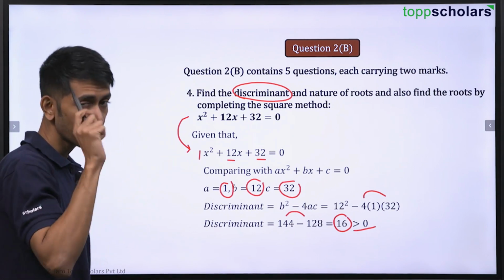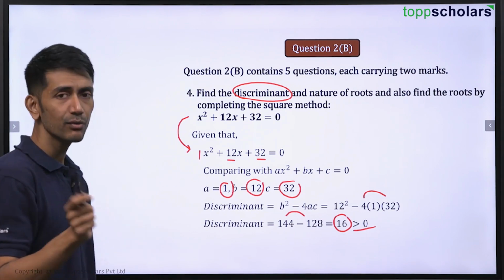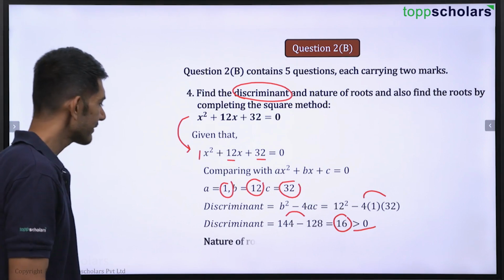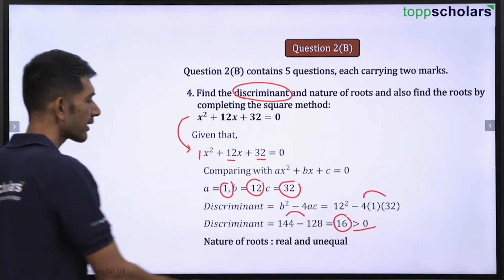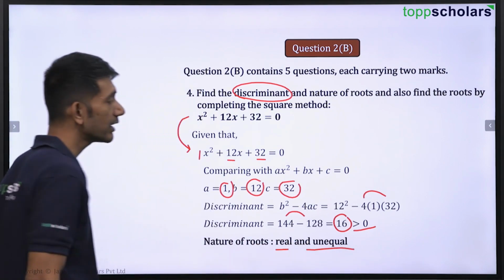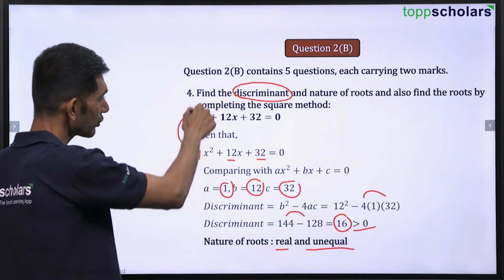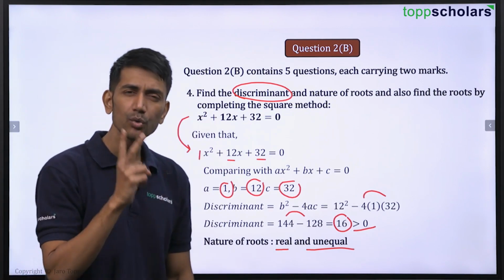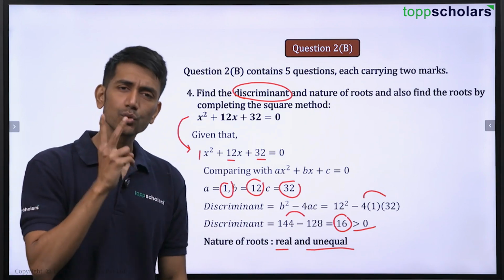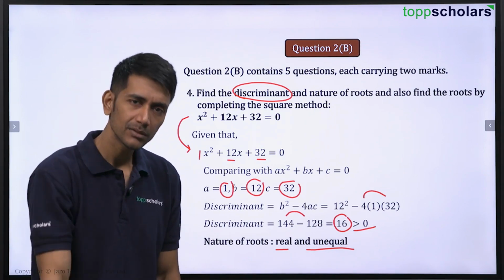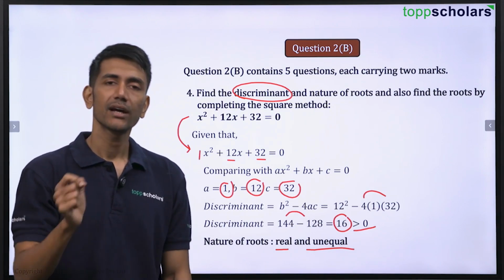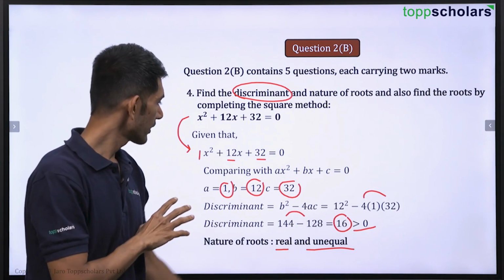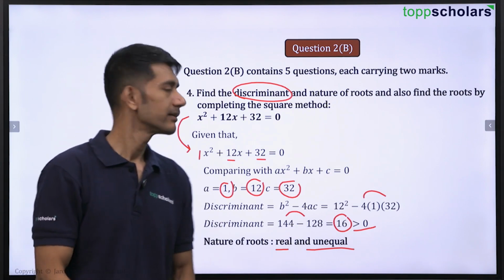What is that condition? Recall, whenever b square minus 4ac is greater than 0, we can say that the nature of roots are real and unequal. That means once we solve this, we are going to get 2 values of x. Those 2 values of x are going to be real numbers and they are going to be unequal as well. That means different.